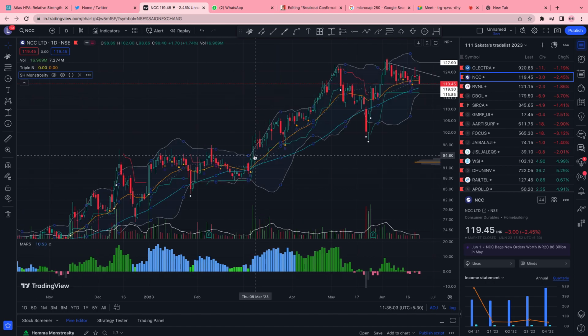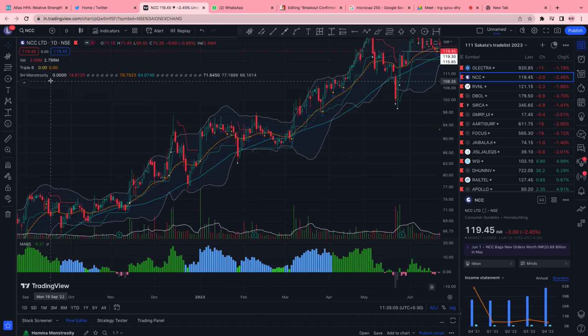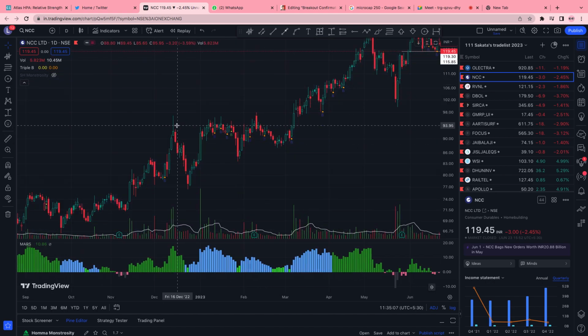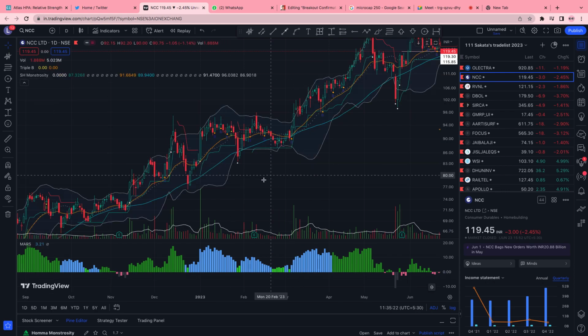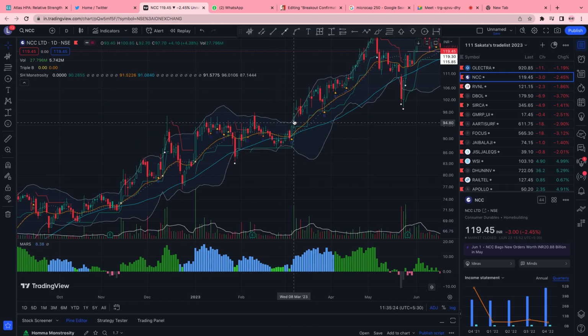So for example, let's say in NCC, here is the breakout, 1T, 2T, 3T. This is a classic Minervini VCP. Although I anticipated and made an entry here, the clear entry would have been on this day. If you are not sure, then like I said, we can use the Bollinger Band breakout, which happened on the same day here.